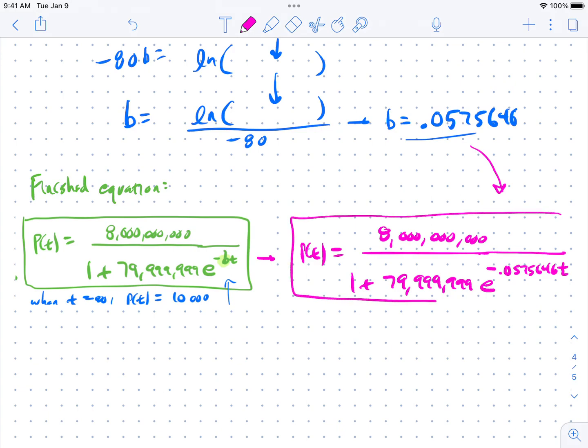There is our finished model. That is our logistic growth curve.